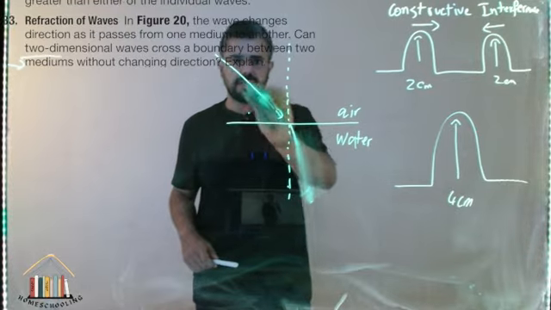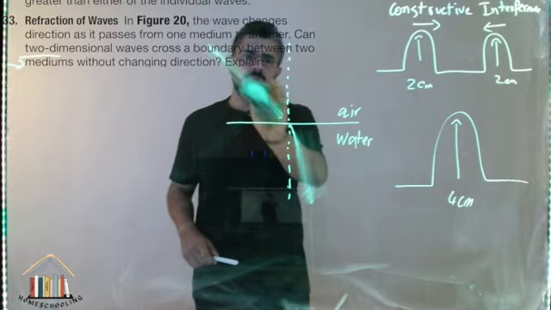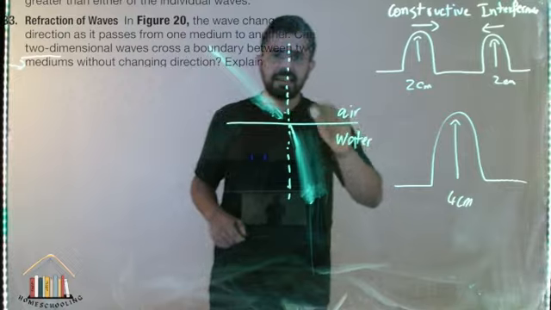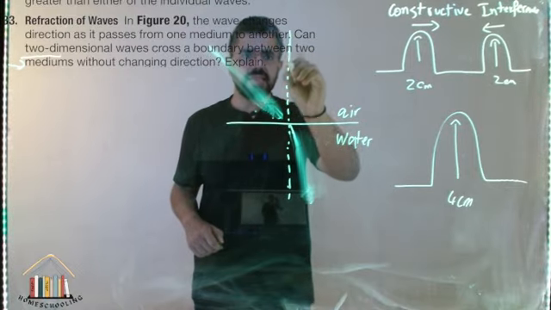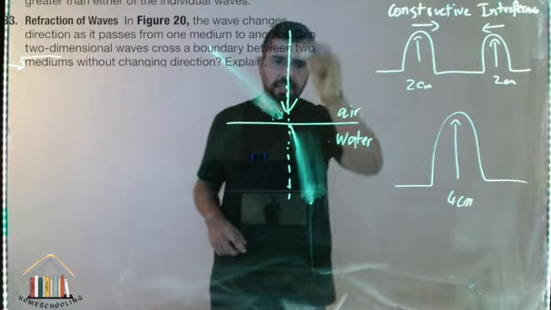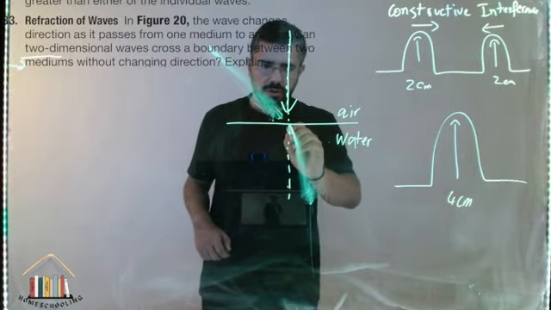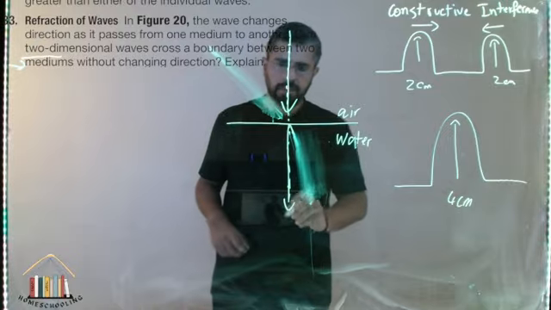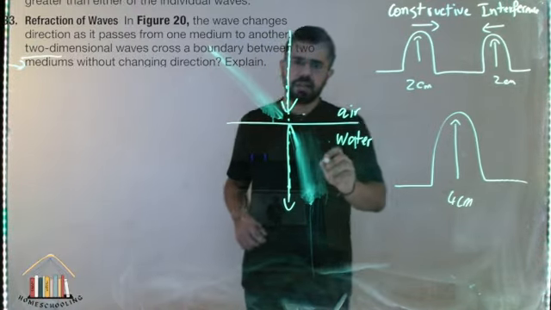When is that? When the wave is going straight down. If the wave is going straight down along the normal line, like this example, the wave will continue straight, without making any other angle.